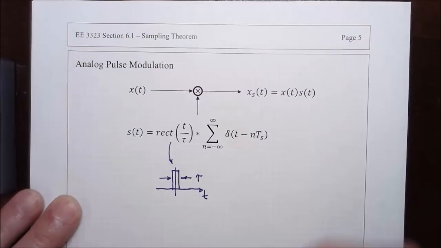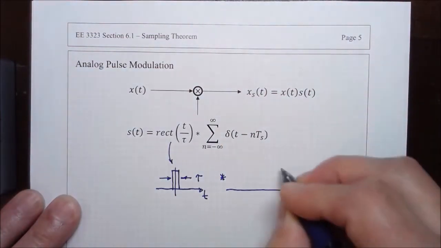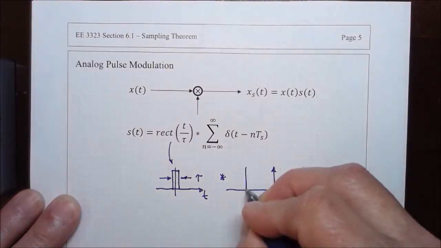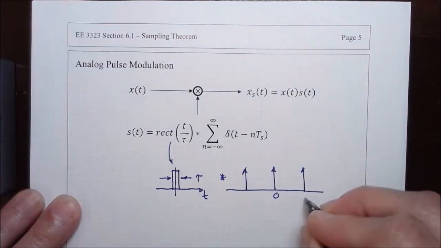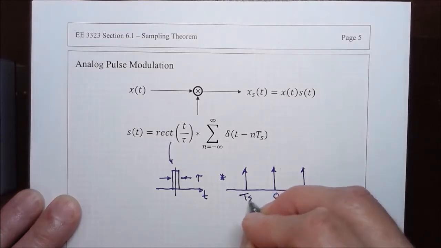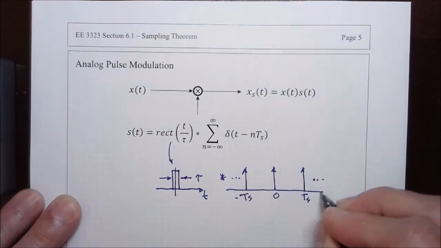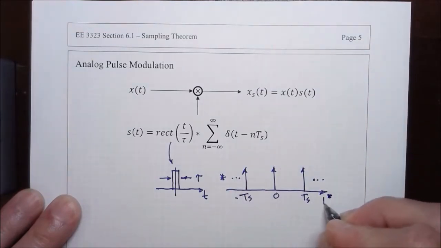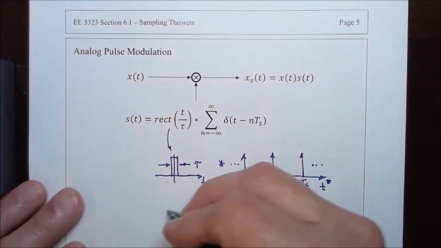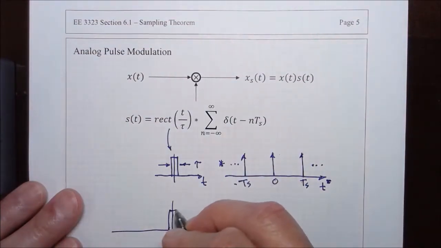and convolve that with a train of delta functions with sampling period t sub s again, and this is a periodic train in time, the result of this convolution will be a train of rectangular pulses.